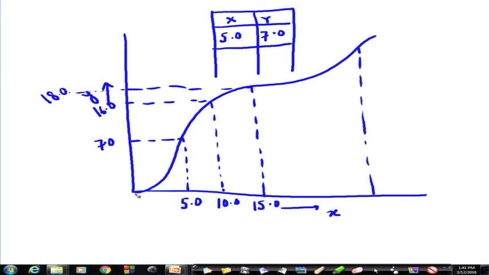I could have taken 0 0 also, that would be another one. 10 corresponding to that 16, then 15 corresponding to that 18. So, in that way it could go on.